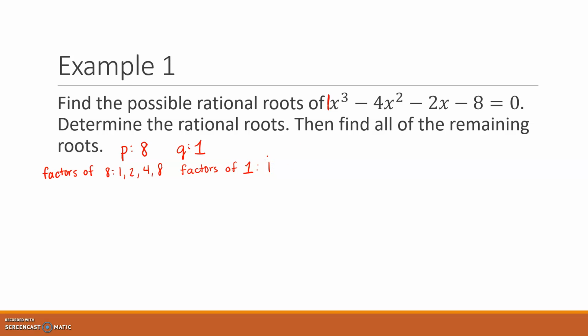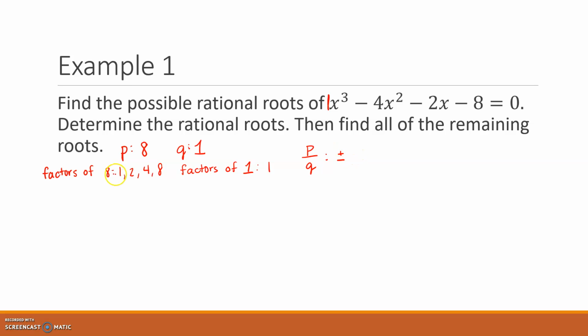So now I'm going to do this p over q thing they were talking about, and I'm going to take each of these factors and put it over our q value. In this case, we only have one q value. I have to account for both the positive and the negative, because I could have positive 1 over 1 or I could have negative 1 over 1. It doesn't matter which one the negative goes with, so don't worry too much about it. Just know that we do need to always put plus or minus.